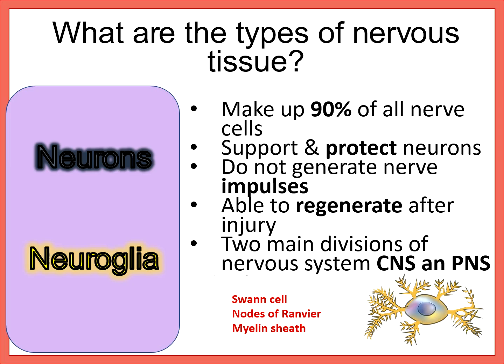So these Schwann cells will help speed up the impulse, because the impulse will be able to jump over Schwann cells into these little gaps called nodes of Ranvier. And all together, those Schwann cells will collectively make up what's called the myelin sheath.